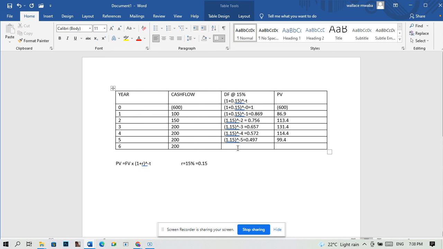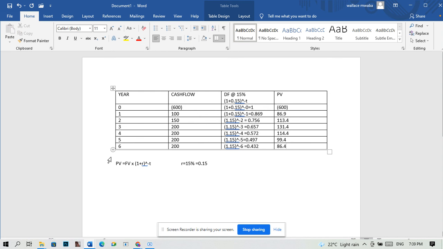And then finally, 1.15 to the power negative 6, we get 0.432. So 200 times 0.432, we get 86.4.